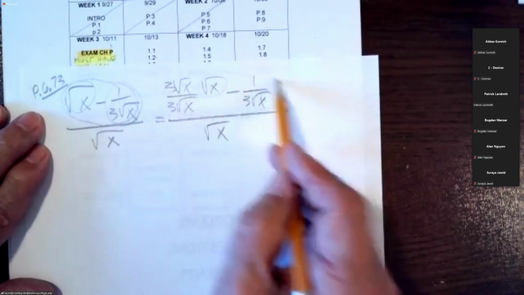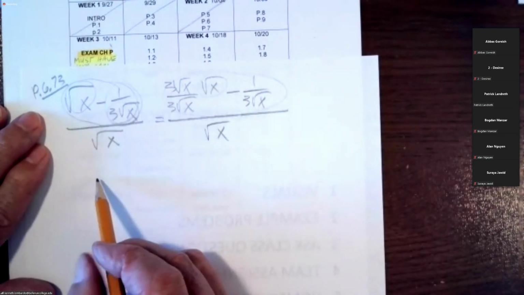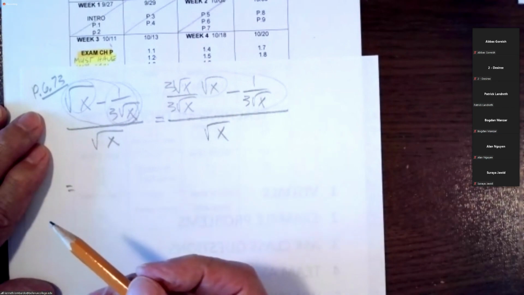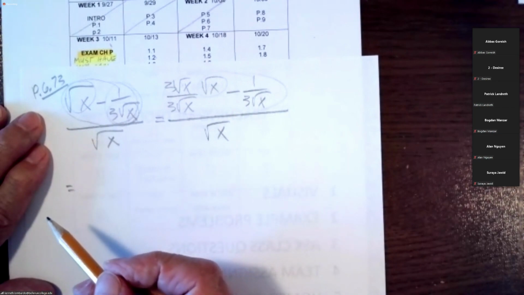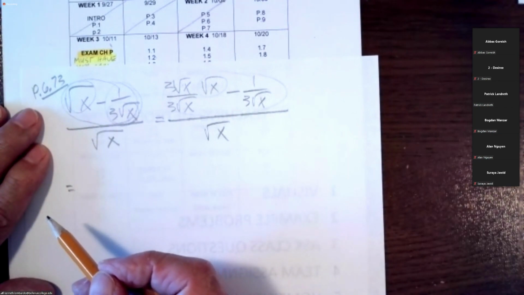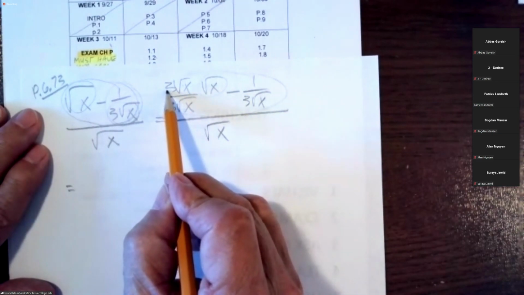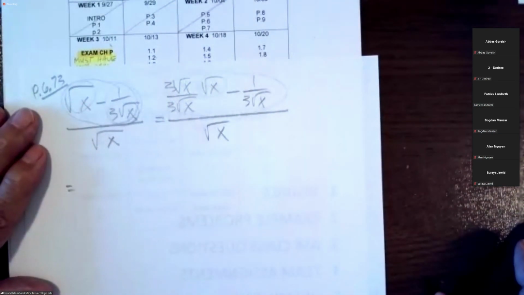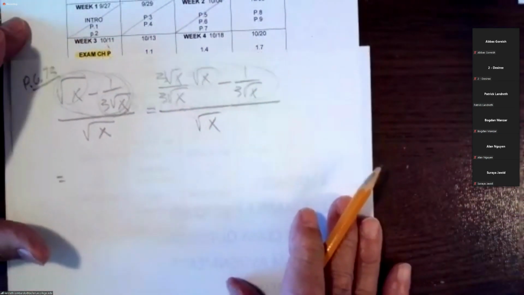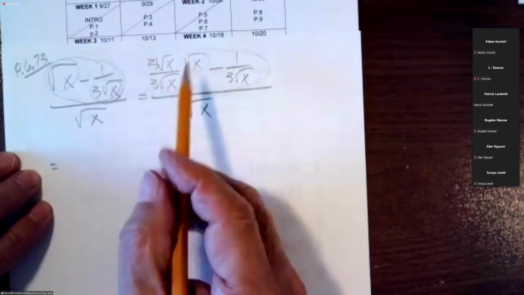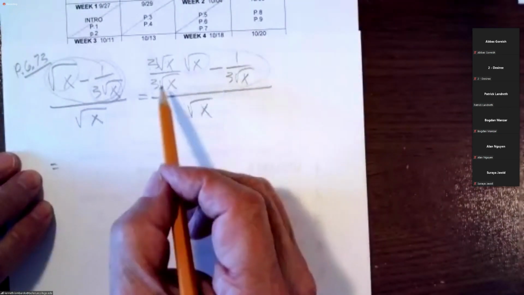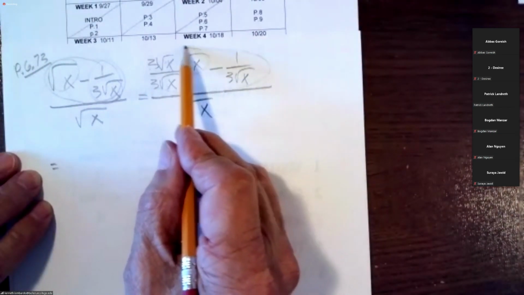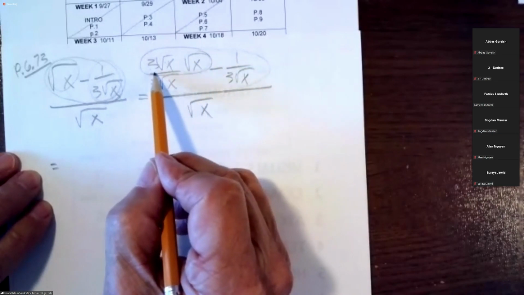Now I can combine the values in the numerator, right? To get a common denominator, you multiply by 3 root x, both the denominator and the numerator. Okay, so now I have a 3 root x times root x.